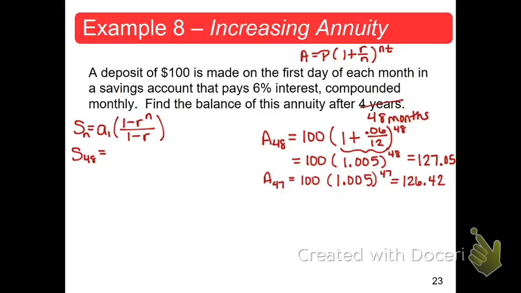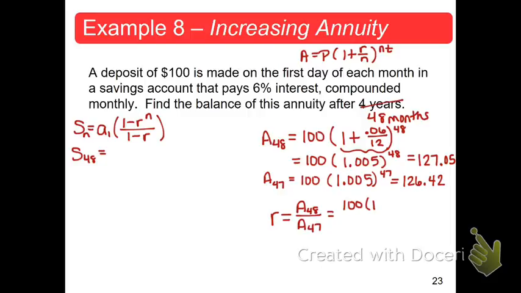But I have enough there, I can find my r value. 1.005. Be careful. My r is going to be my a sub 48 divided by my a sub 47. You can plug those numbers in, or you could just look at the equation we had.